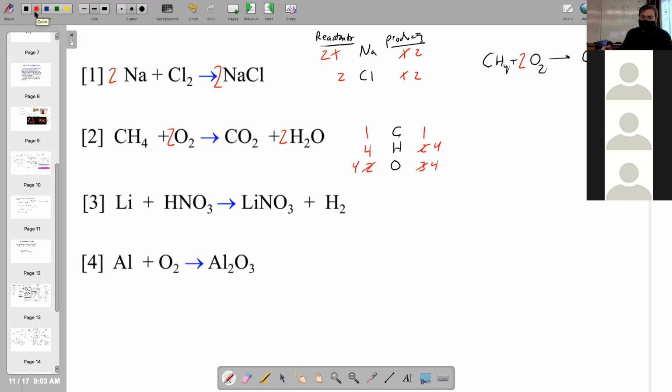And this is actually the same thing that you did with the M&Ms. Each M&M represented an individual atom as a reactant or product.